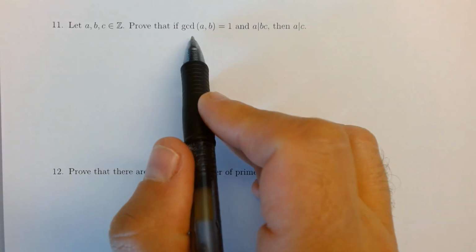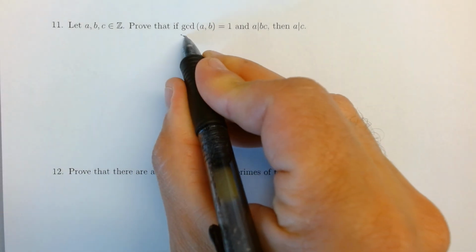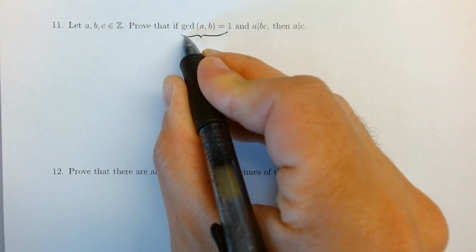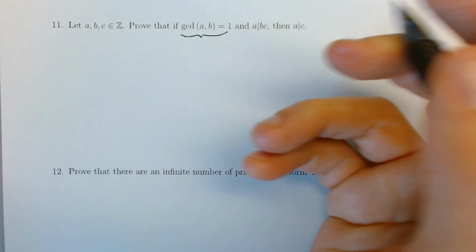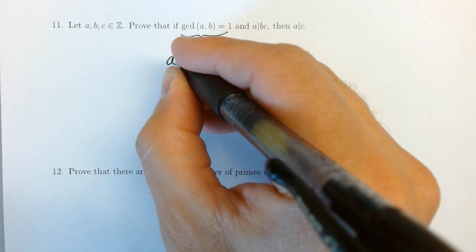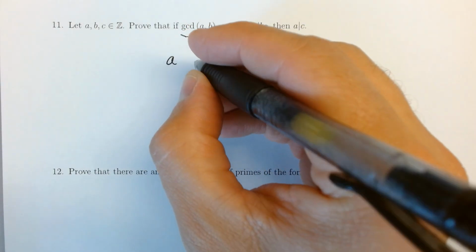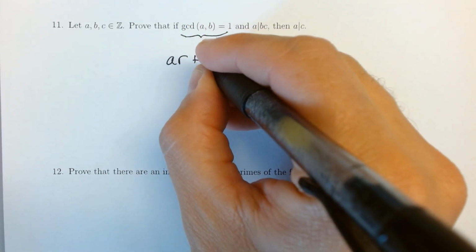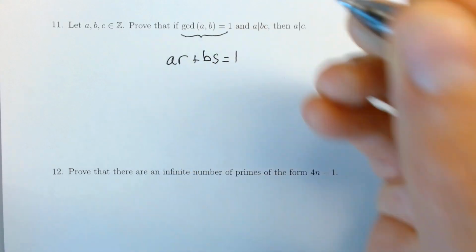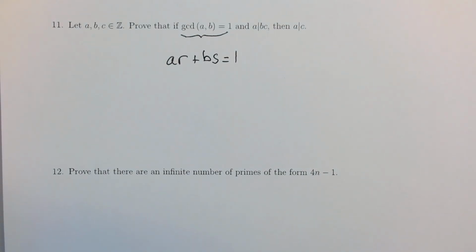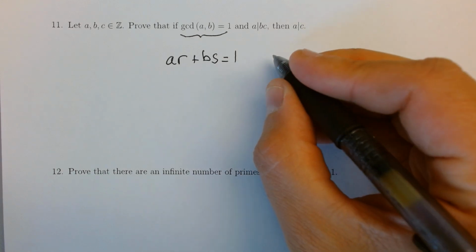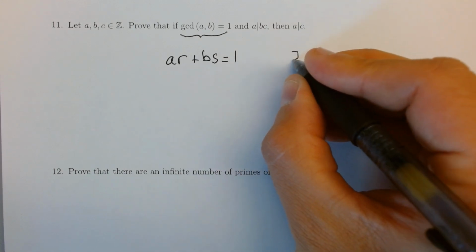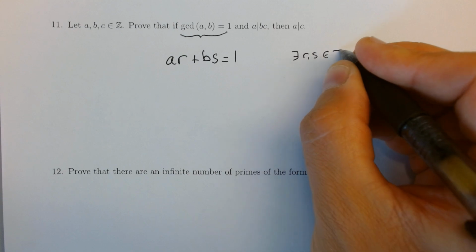So having the GCD of 1 is a really nice starting point, because that tells me that I can find a combination of a and b to actually give me 1. So a times some r plus b times some s is actually 1, for some integers r and s.